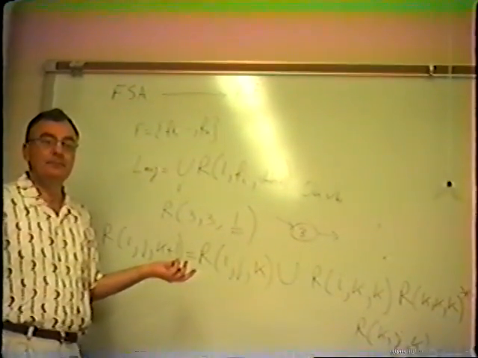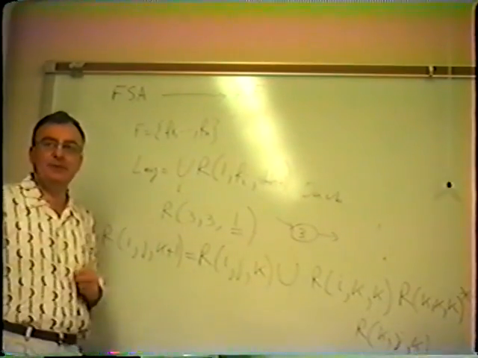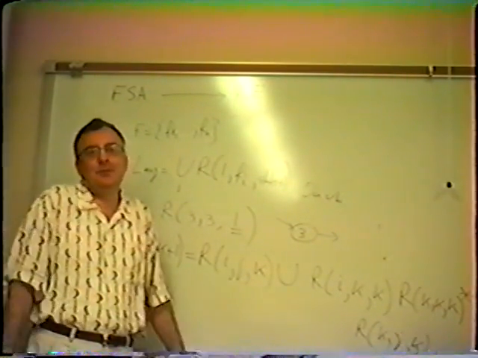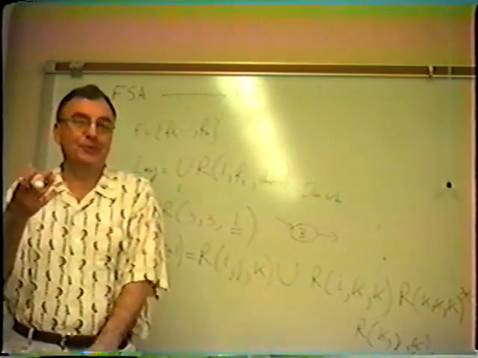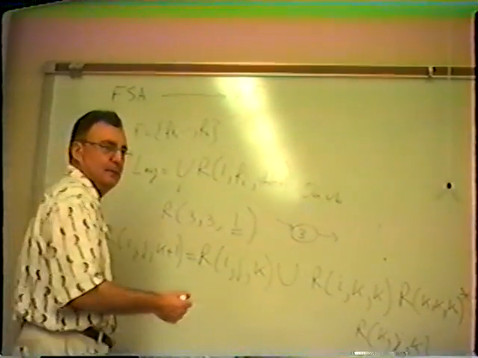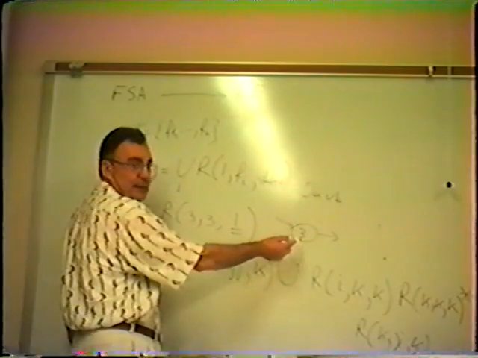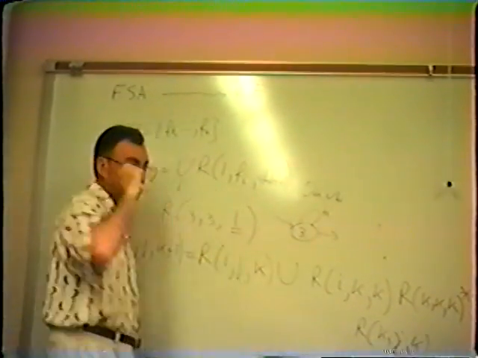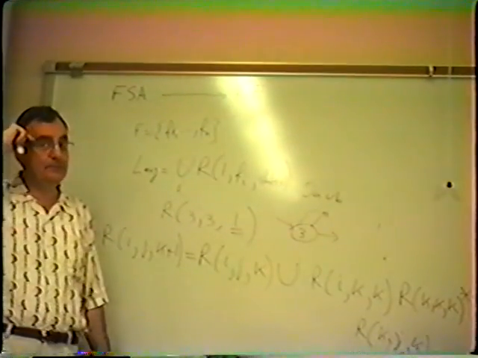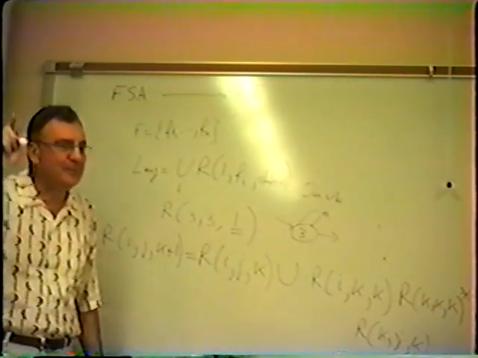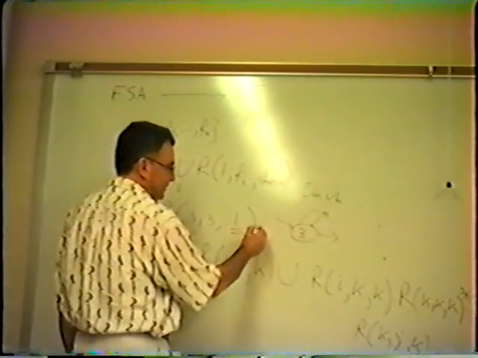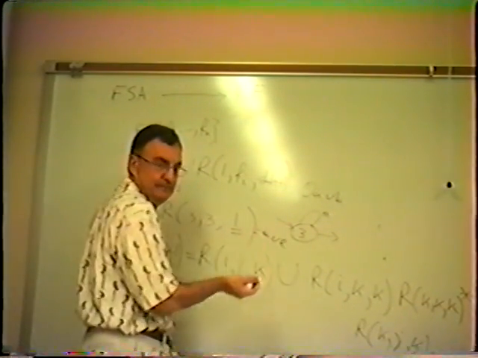Epsilon, the empty string. How can you go from 3 to 3 with the empty string? You're already there, and you did not cross anything. What if you had a self loop labeled A? What is R331? A or the empty string. The empty string also does it. So in this case, this is A union epsilon.